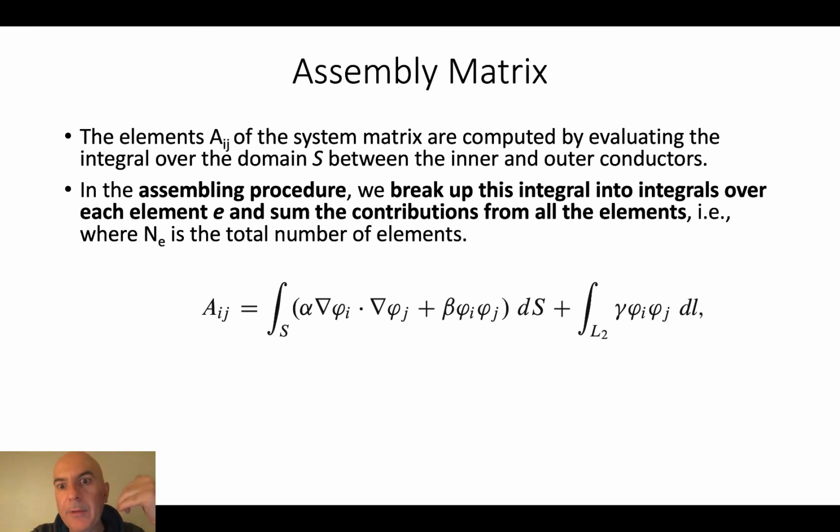So there's alpha multiplied by the second order derivative, plus beta multiplied by the first order derivative, and then we have gamma multiplying the function itself. So that is the general Helmholtz problem.